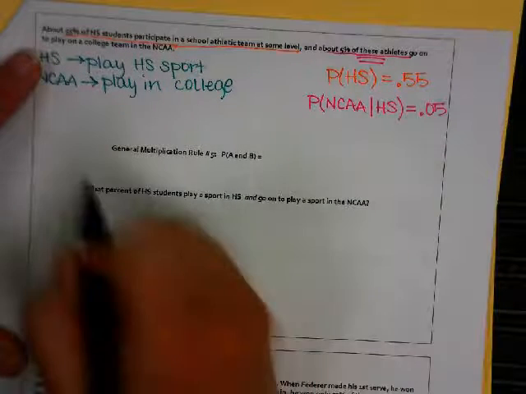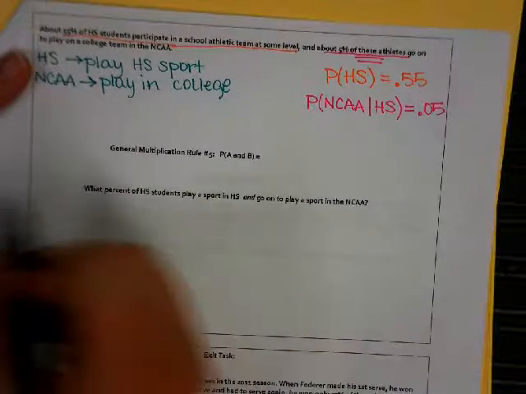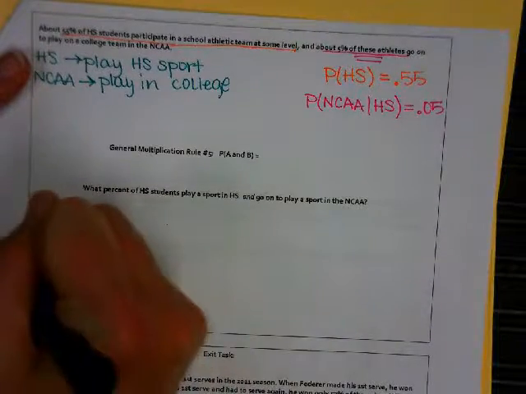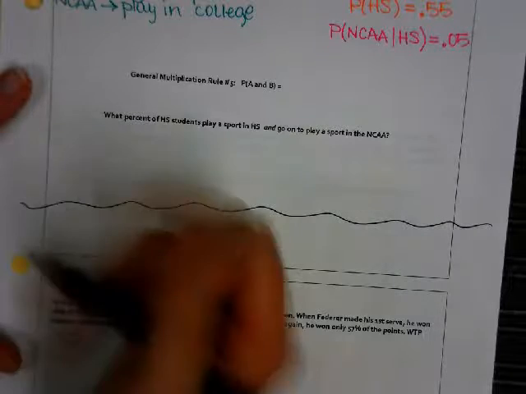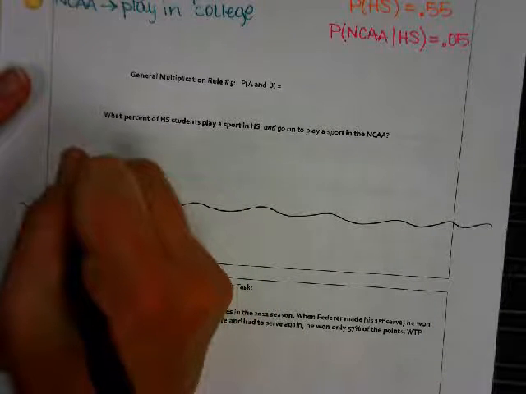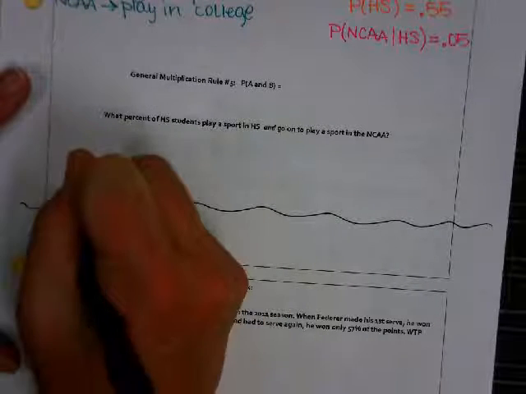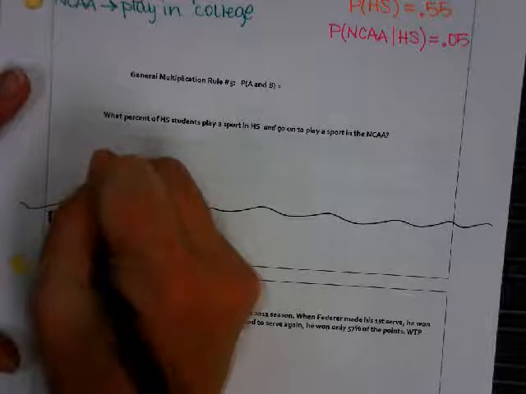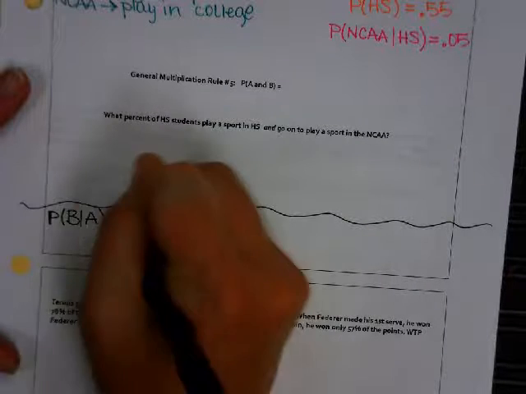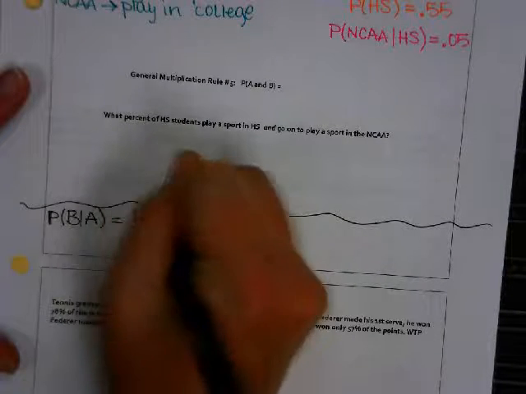I need more space. So yesterday I taught you guys that the probability of B given A is found by the probability of A and B divided by the probability of A.